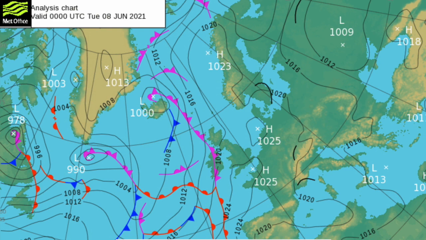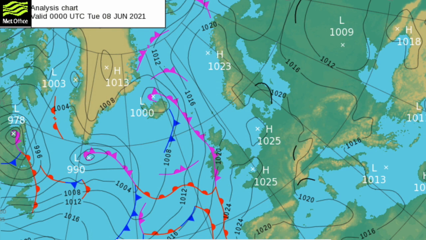Here you can see Britain a little bit below and to the right of center. And you can see the isobars that are marked with barometric pressure: 1008, 1012, 1020, 1024.